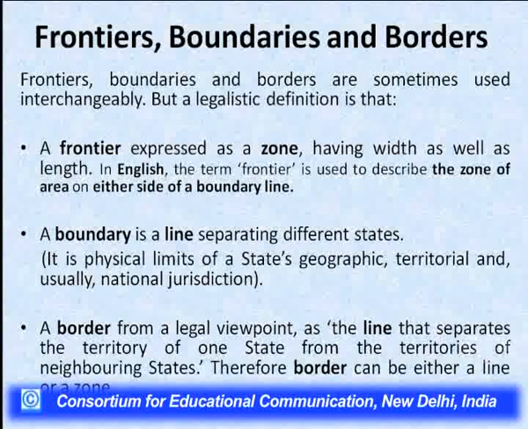In English, the term frontier is used to describe the zone of an area on either side of a boundary line, and the boundary is simply a line that separates different states. It may be a physical limit of a state, geographical, territorial, or national jurisdiction, but a border may be a line or a zone.